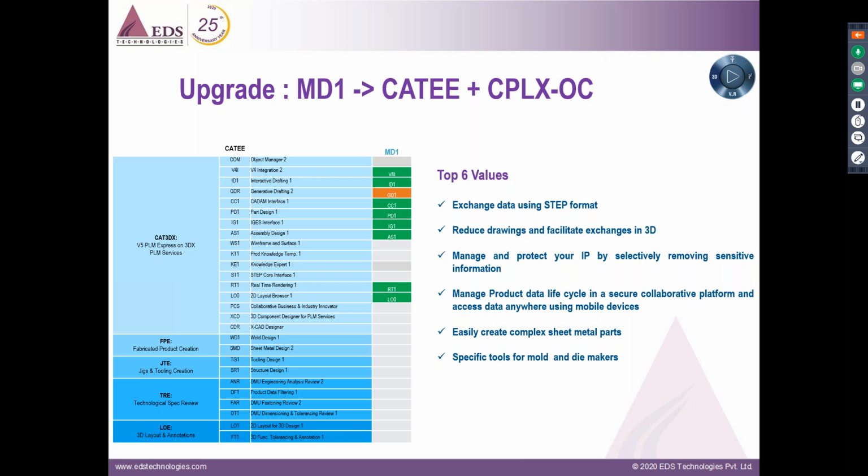When you move from MD1 to CATIA engineering excellence, you get additional benefits of STEP import and export, sheet metal design, and you can also take up mold and design relevant activities along with a 3D experience platform user. That is what we call platform contributor PCS, wherein you will be able to access the digitalized data through the web interface.